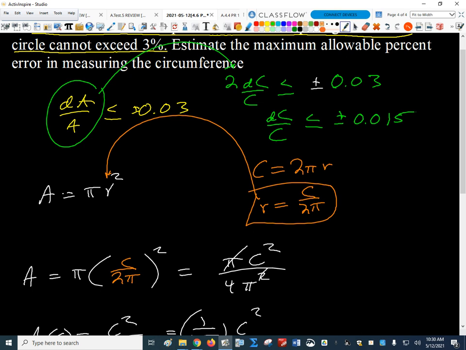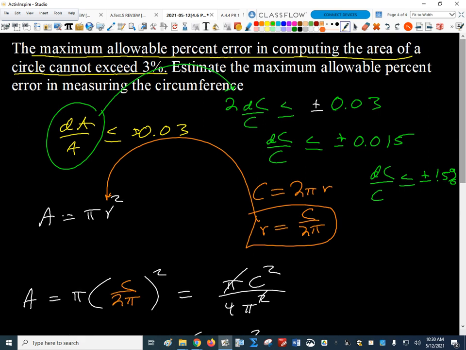Okay, so then what is the maximum allowable percent error in measuring the circumference? 1.5%. Okay, so if the error in computing the area of the circle can't exceed 3%, then the error in measuring the circumference can't exceed plus or minus 1.5%.